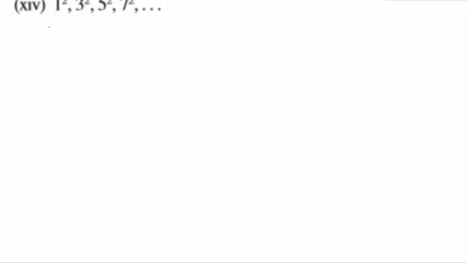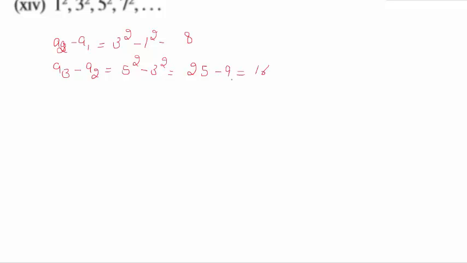The next question is, check whether this forms an AP or not. To find that, first of all find A2 minus A1. Here A2 is 3 square minus A1 which is 1 square, and this will become 8. Now A3 minus A2 is 5 square minus 3 square, and this will be 25 minus 9, that is 16.